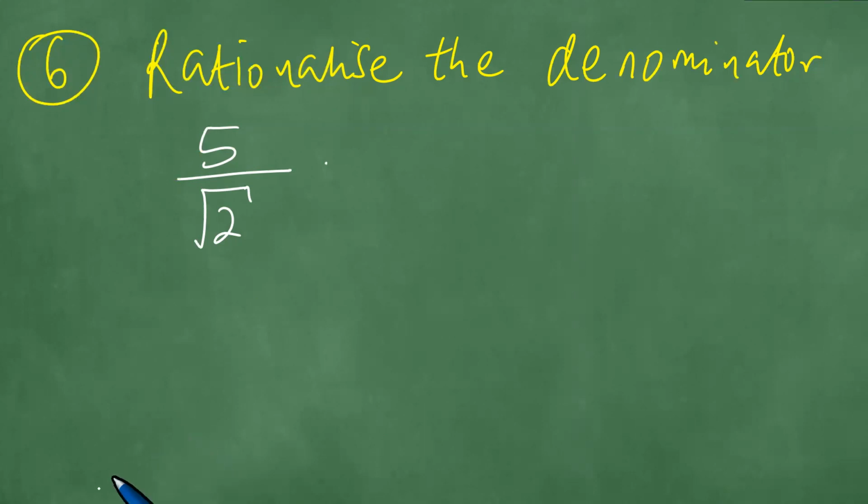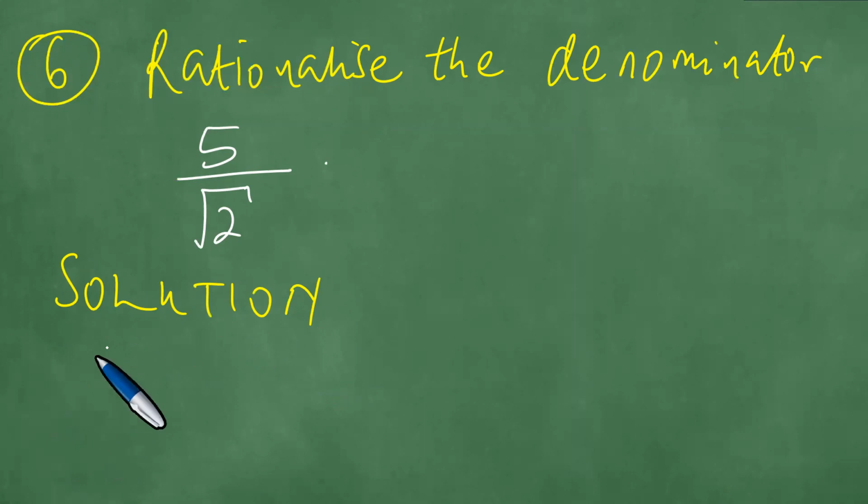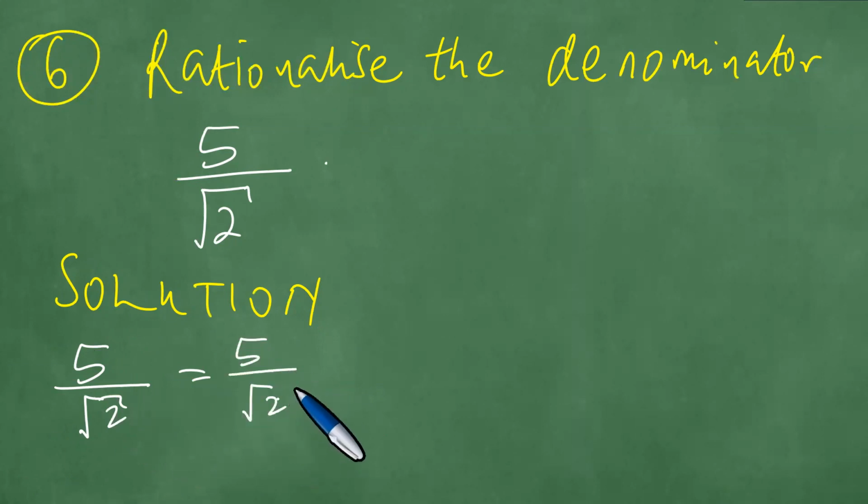Well done. It makes lots of sense. Let's just try it together. So we have 5 over the square root of 2. To rationalize, you must multiply by the denominator.